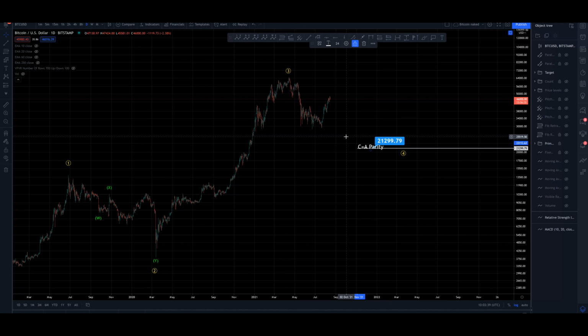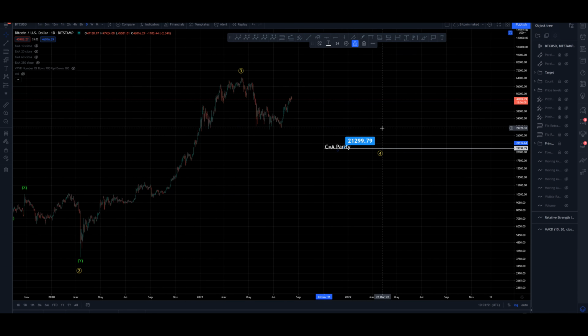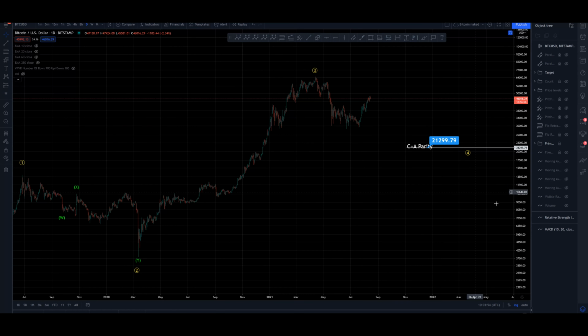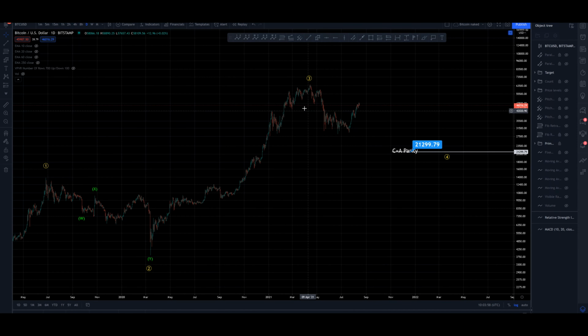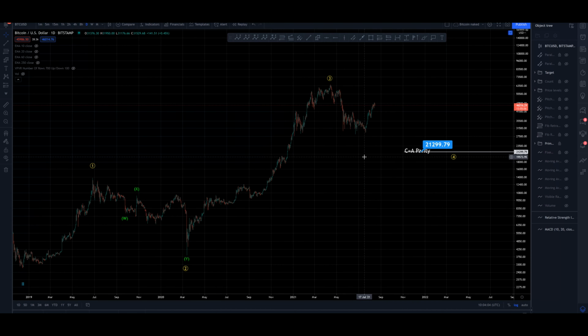I'd rather have a greater understanding of where I think I am in the overall count, the possibility of it going lower for me to accumulate more, and then just do that, because I don't want that pressure. Basically, and I'm sure there are guys out there who are much better traders than me at picking those time frames and getting it right, and good for you, that's brilliant. But for me, this is just a little too much gain to miss out on if I time it badly. So I'd rather just be a bit of a hodler, to be honest.